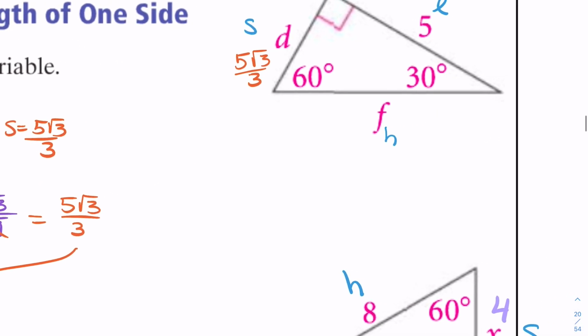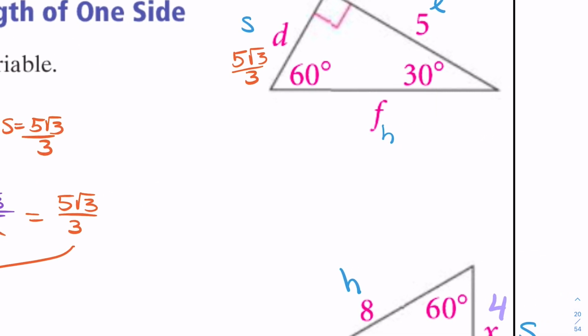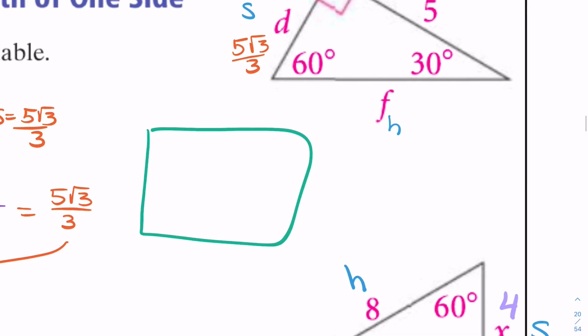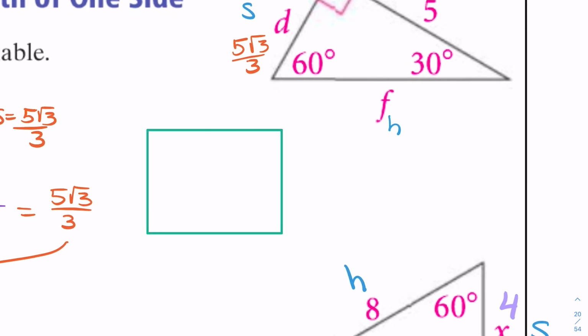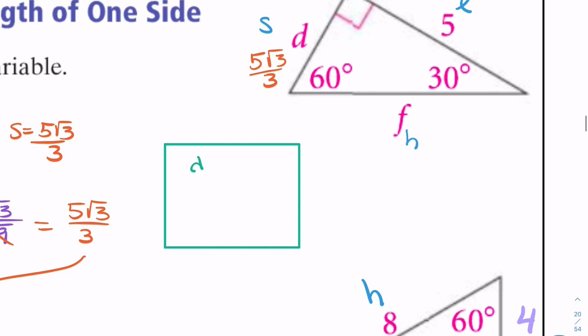Let's look at the variables though. d is equal to 5 square root of 3 over 3, and f is equal to 10 square roots of 3 over 3.